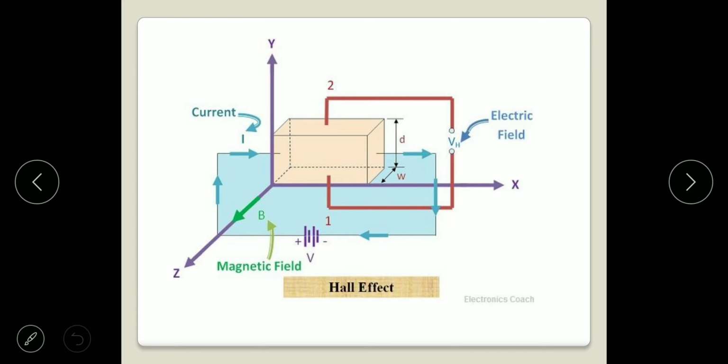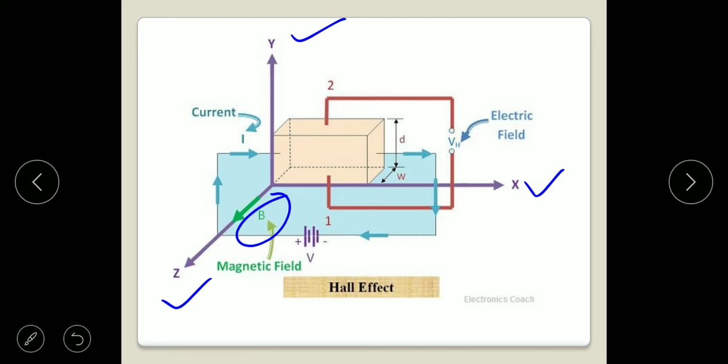If you see, there are three axes. First is X, second is Y, and Z, where the X direction represents the current, the Z direction represents the magnetic field, which is given here, and the Y gives the direction of the force in negative polarity.